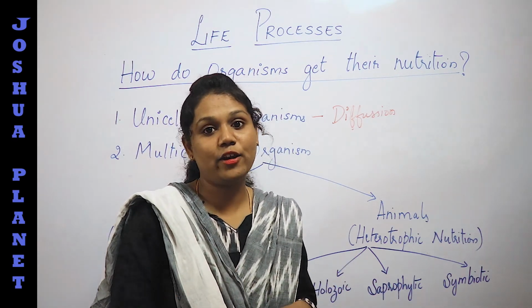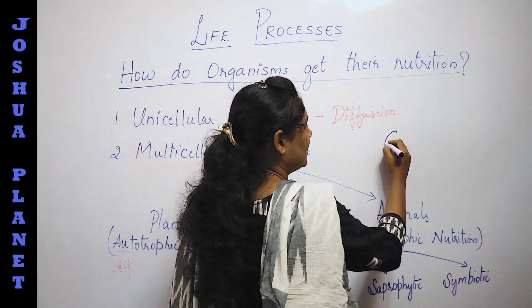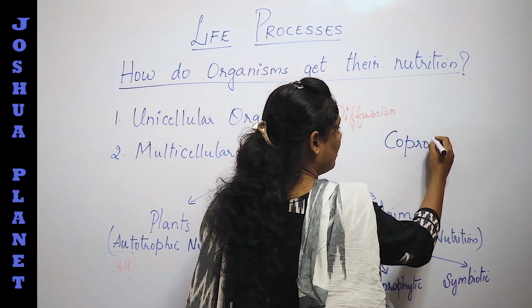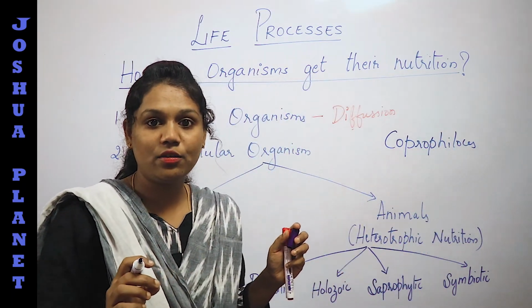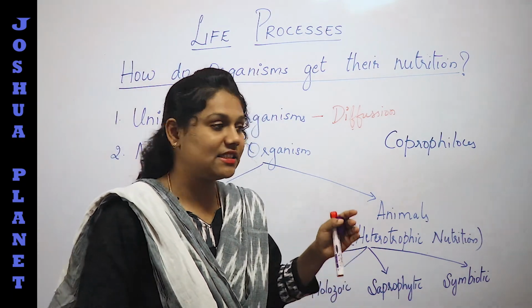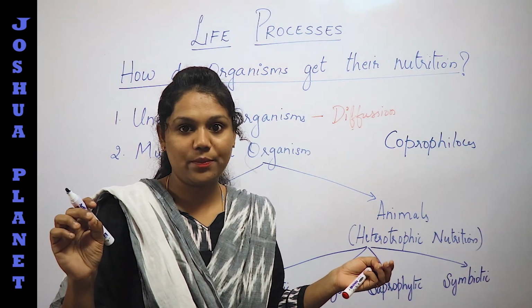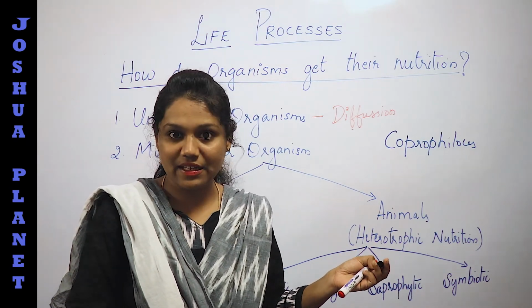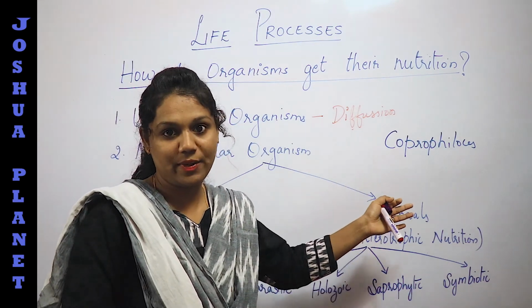There is another kind of saprophytic organism that we call coprophilous. If you are a student who is trying to write some competitive exams, then this information might be helpful for you. You can make a note in the textbook itself. You might be writing NTSE exams or Olympiad exams, something like that, and for that this information will be helpful.